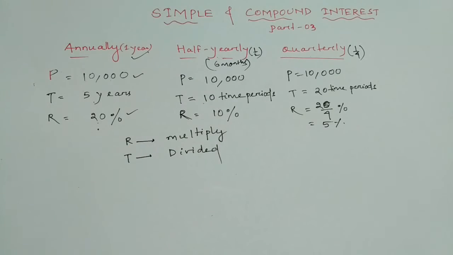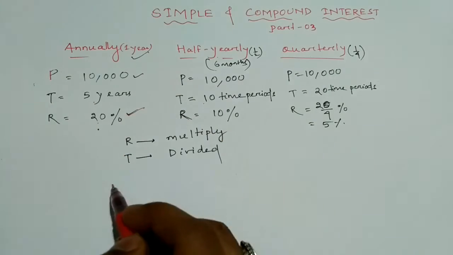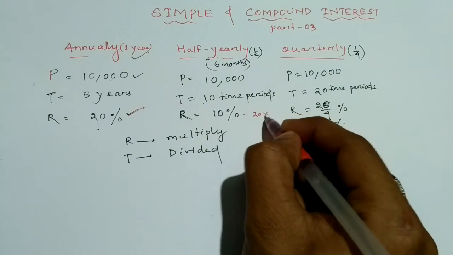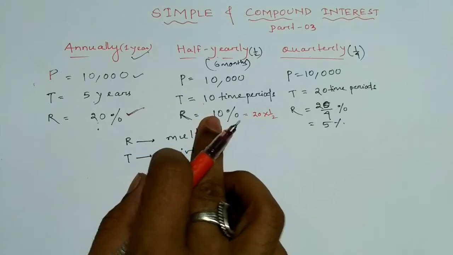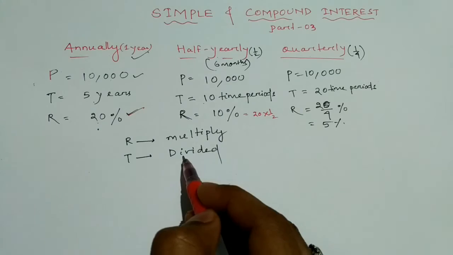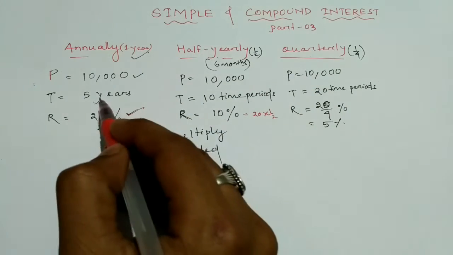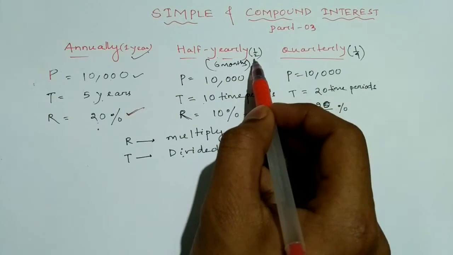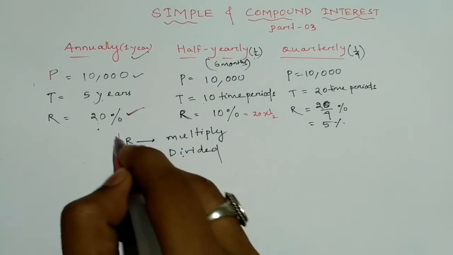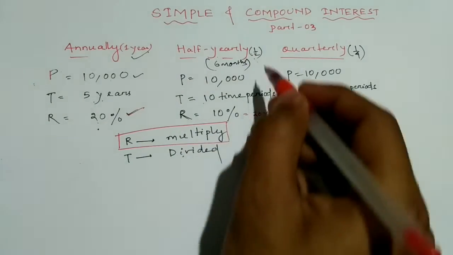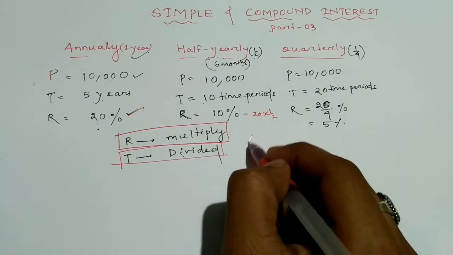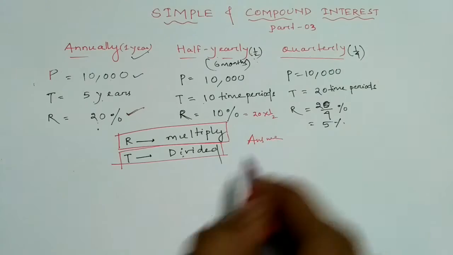That means if r is 20% and it is half yearly, then 20 into 1 by 2 is 10%, and the time period will be divided. That means 5 divided by 1 by 2, which means 5 multiplied by 2, that is 10 time periods. So remember this: r should be multiplied and t should be divided to get our answer.